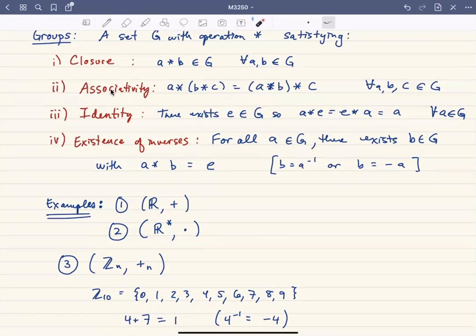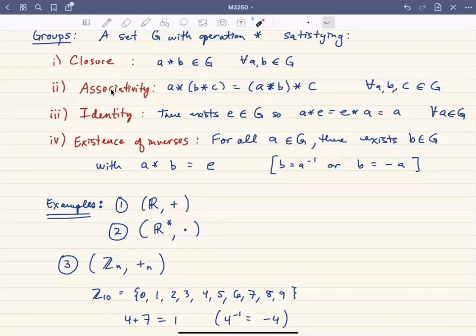So this is the set of non-zero real numbers with respect to multiplication. It's called the multiplicative group of the real numbers. I'm not going to get into the terminology here, but that's what it's called, and that's helpful to know.